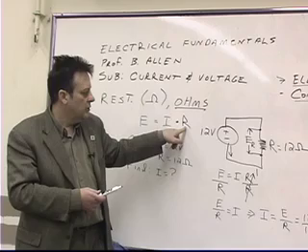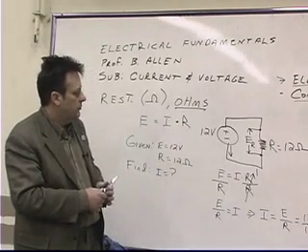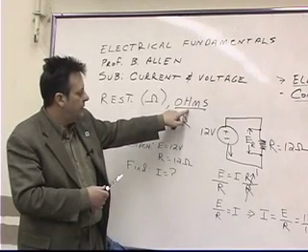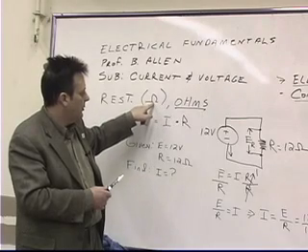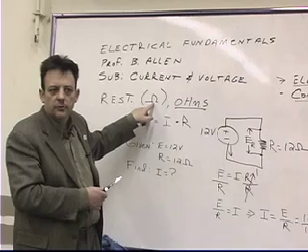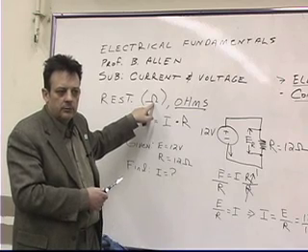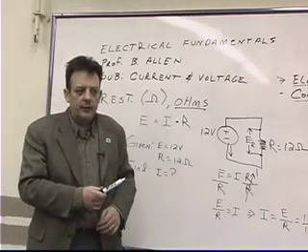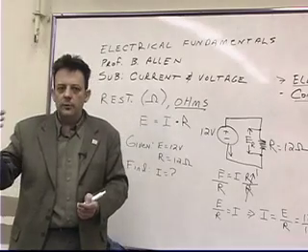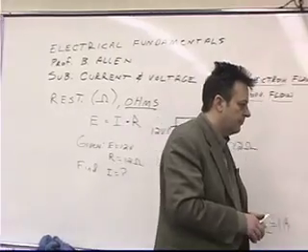But the unit is in ohms, written out OHMS or simplified by this Greek symbol. Anybody know what this Greek symbol is called? Omega. In electrical studies, there's a lot of things that are simplified by using Greek symbols. And you'll get used to that.